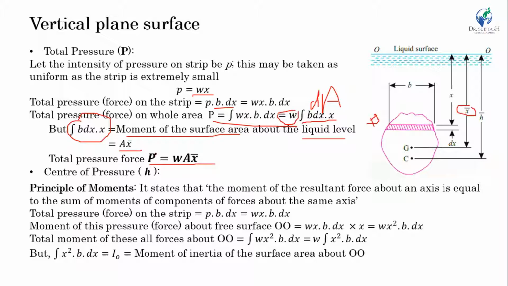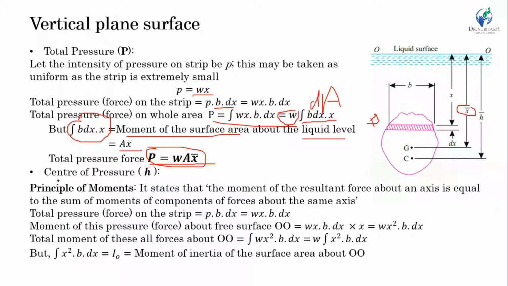So in this way, we can calculate the total pressure acting on any vertical surface if you know the total area and the depth of the CG of the area from the free surface of liquid, multiplied by the density of the liquid times gravitational acceleration. So this is the total pressure force acting on the total area.